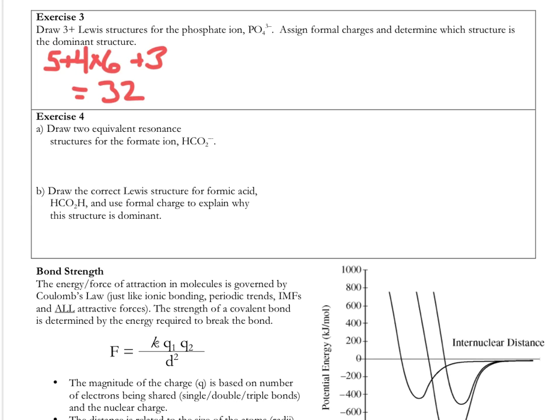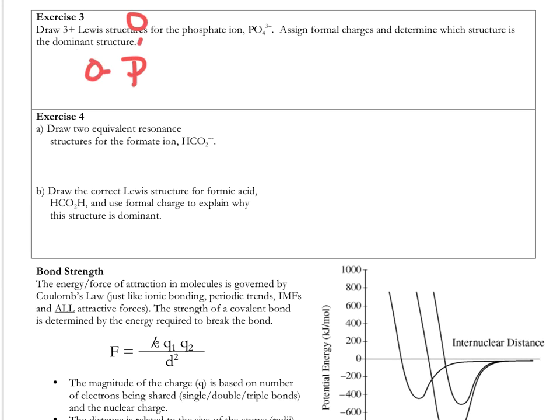I forgot my plus sign there. So when we draw phosphate, it has 32 electrons. So drawing Lewis structures, they'll all have 32 electrons. So every Lewis structure that we draw, if they're going to be resonance structures, they have to have that 32 electrons. So we're going to put phosphorus in the middle.